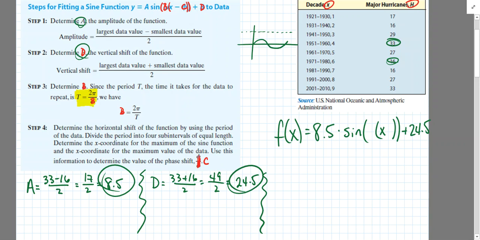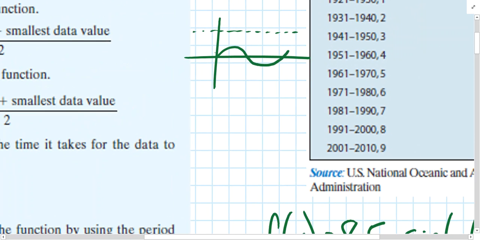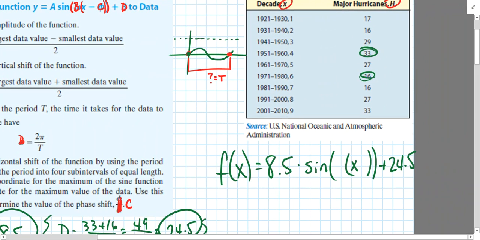So when we go back to the calculator here in just a second, what I'm going to look for are the data points that might represent the start of this curve here and the end of that curve. If I could find out how long it takes for that to occur based on the graph, then I'm going to use that as my T value. With my T value identified, then we can calculate our b value.